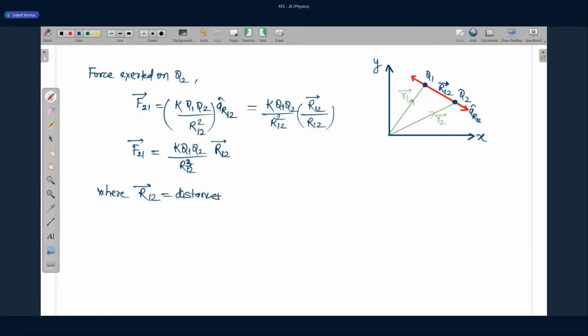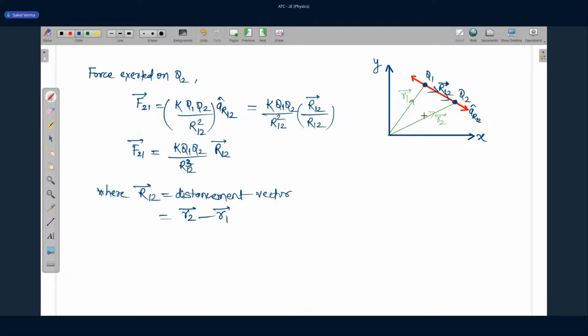So for the displacement vector, we are moving from which point to which point according to this notation, 1 to 2. We are calculating the force on 2 due to 1, so we are moving from 1 to 2. Because we are moving from 1 to 2, my second point is the final point and my first point is the initial point. So the second point is the vector r2, and the displacement is r2 minus r1.